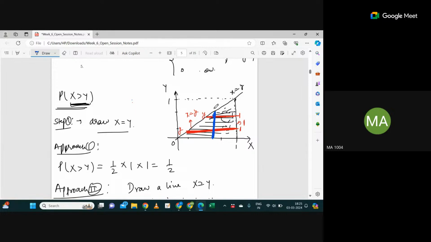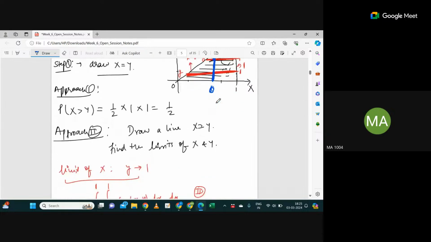This is the x equal to y line, so the limit of y will be x to 1... sorry, not x to 1. It will be 0 to x, because at the x-axis the limit of y will be 0. It will be 0 to x, right?